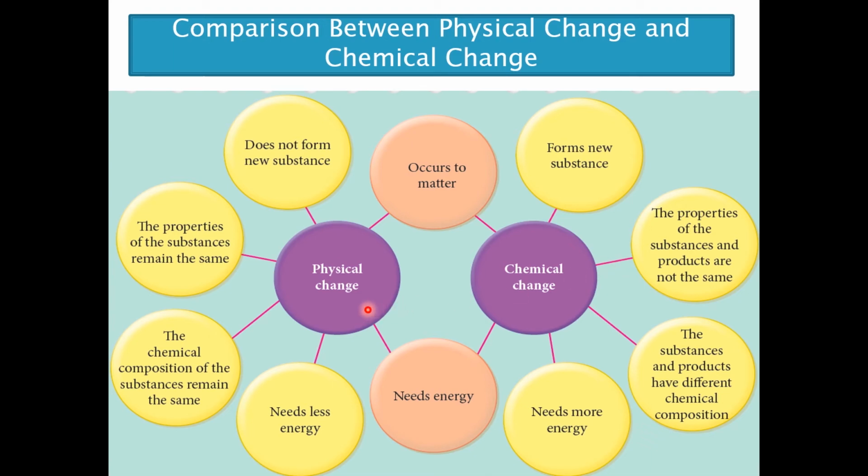During physical change, the chemical composition of the substances remains the same. During chemical change, the substances and products have different chemical compositions. Physical change needs less energy, whereas chemical change needs more energy.